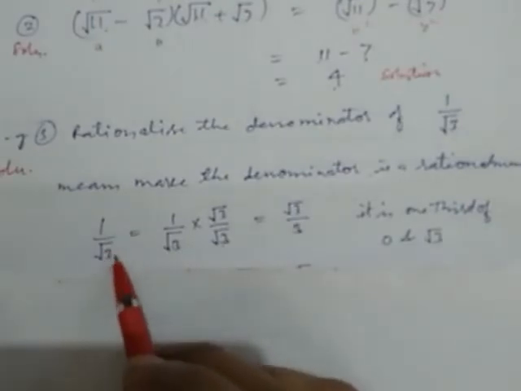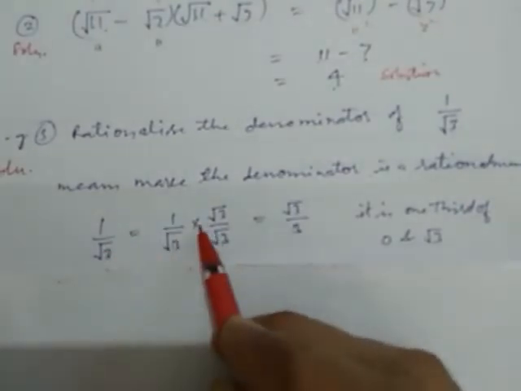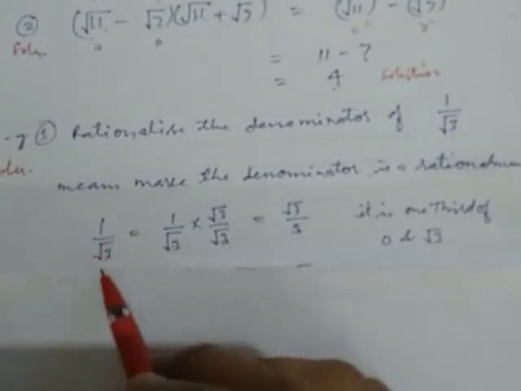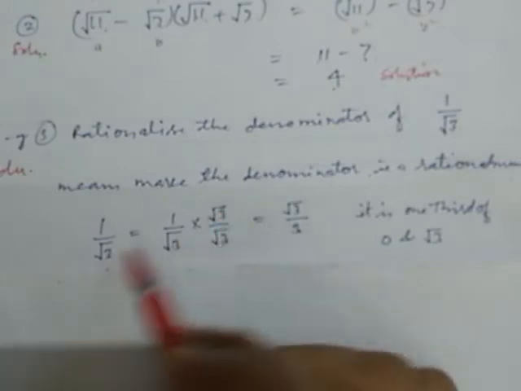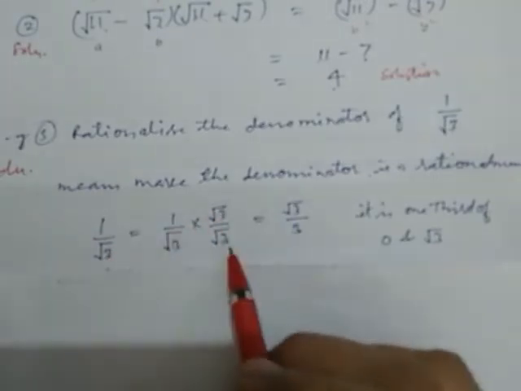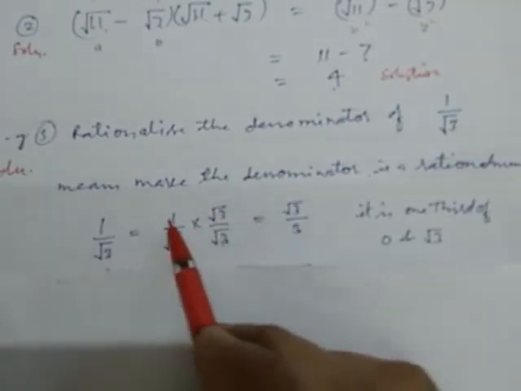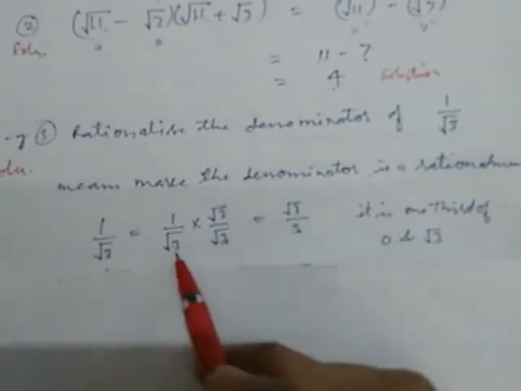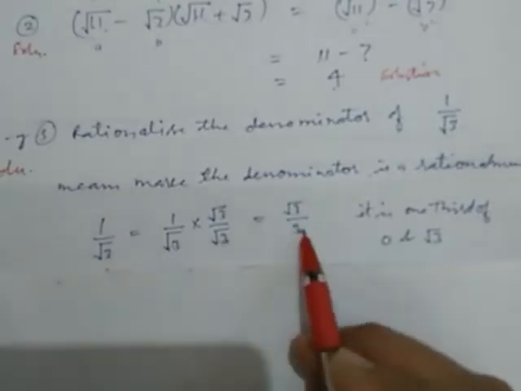1 upon root 3 is our number. Whatever the value of the denominator, we just multiply by that. In numerator and denominator both we multiply by root 3. Okay. So this 1 into root 3 becomes root 3, and root 3 into root 3 becomes 3. So now the denominator is rationalized. That is, this becomes a rational number.